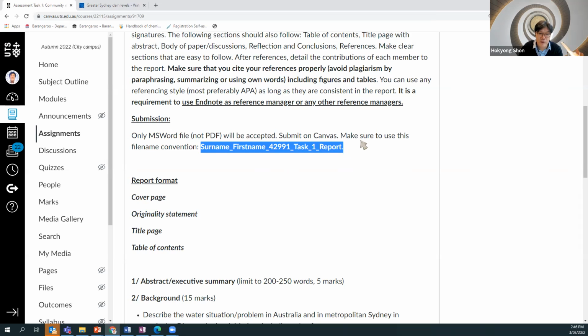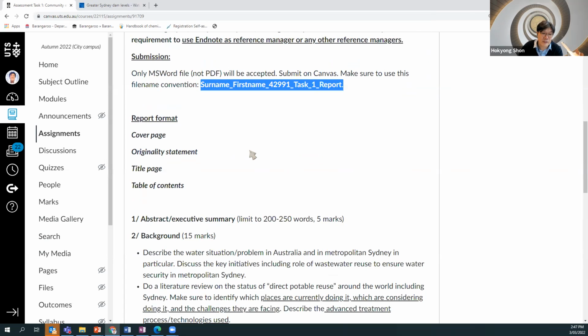Based on your report, we download it and provide the marking based on your assessment report. We will share our comments on your report. If you can make this title, that will be much easier for us to follow up your report.